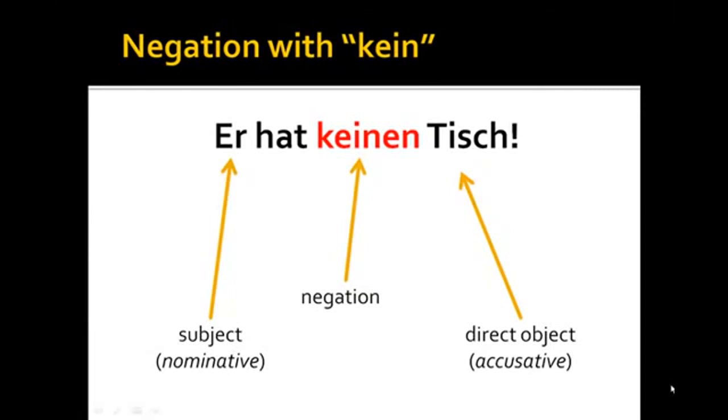However, if I want to negate a noun, I will use the negative adjective kein, and I will put that right in front of the noun. Kein has the same pattern of declination as ein, and requires me to know whether the noun that it modifies is masculine, feminine, neuter, or plural, or whether it is nominative or accusative.